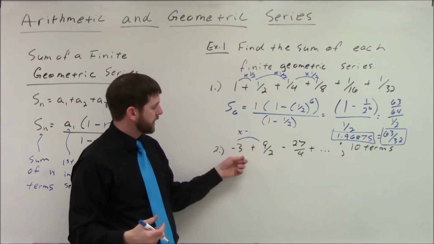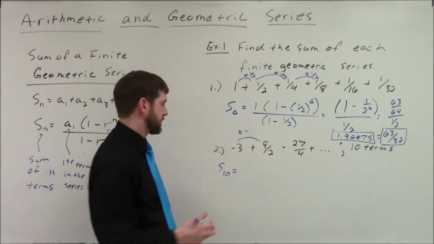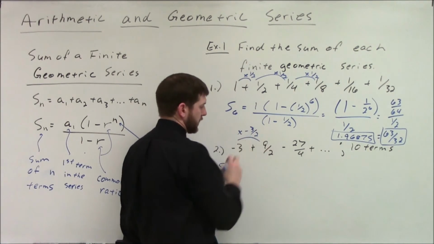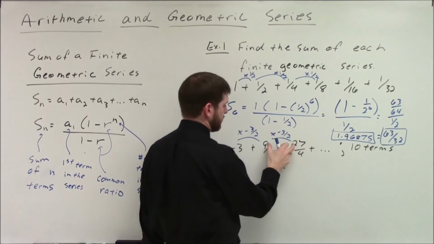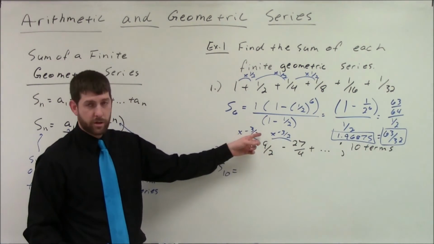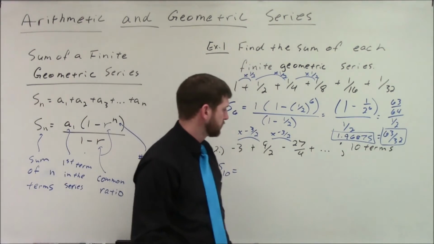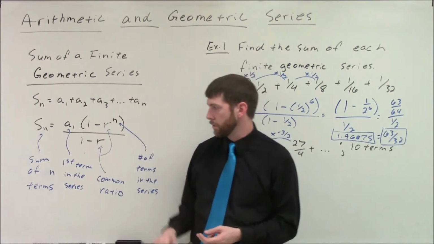So negative 3 times something equals 9 halves. Well, that something would have to be negative 3 halves. Same thing right here, times negative 3 halves, because it's times negative 3 times positive 2. That's your common ratio. So we have a finite, we have a geometric, so we're going to go to our formula.